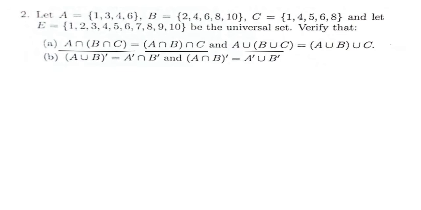Okay, so before we even start solving, this question has sufficed almost in all the tutorial sheets. It's always there. So here we're just trying to verify the first law, this one, to that. This is called the associative law. And if you haven't yet understood the associative laws, please watch any of our videos on the set laws.